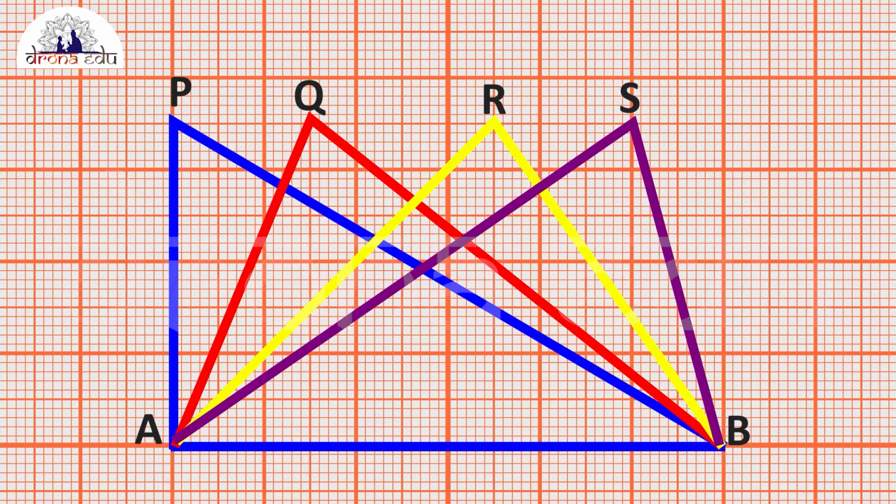Which means, are they congruent? Can I say they are congruent? Let's look at them. We know that all congruent triangles are equal in area, right? But triangles equal in area are not congruent. So are they congruent? It's a question mark. But we all know what the answer is.